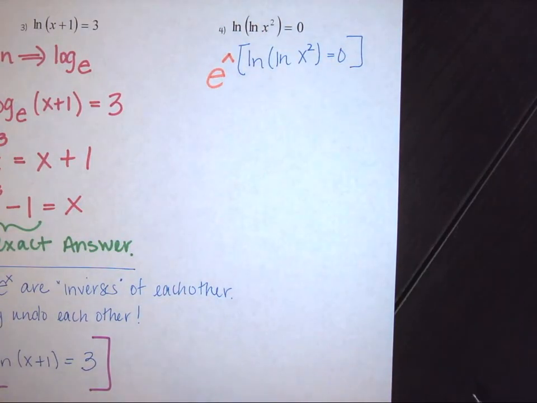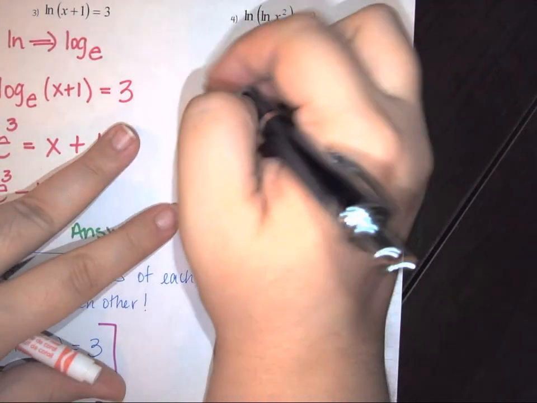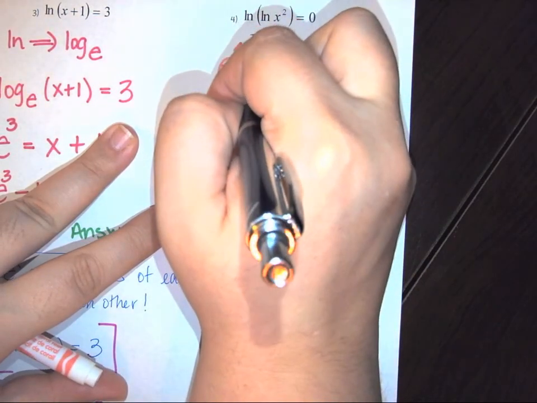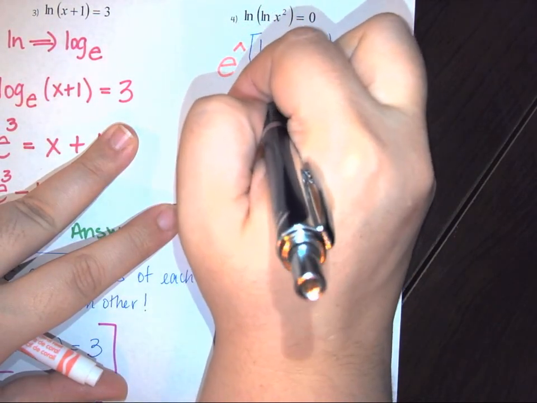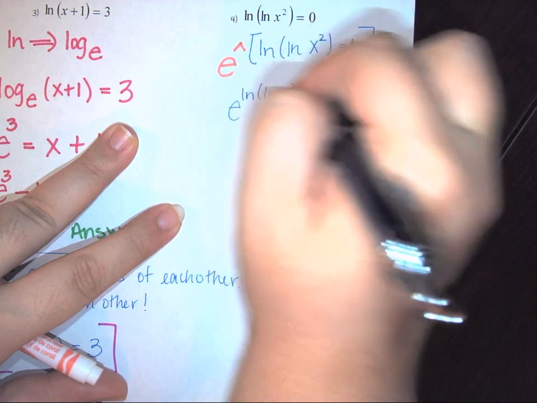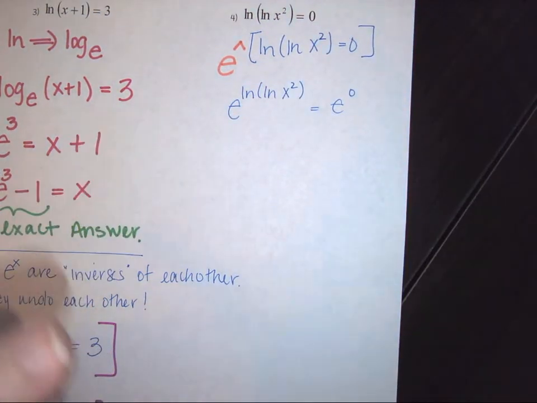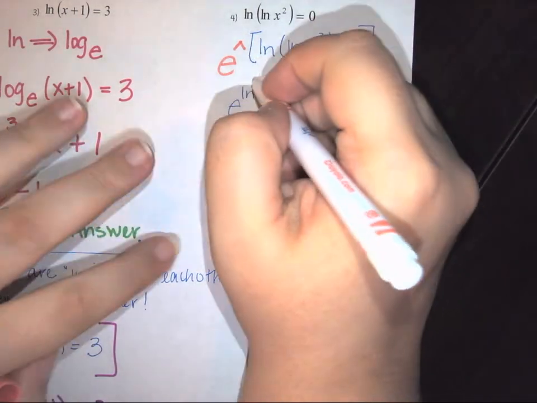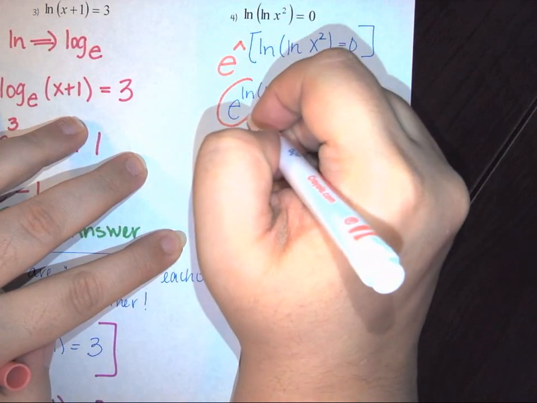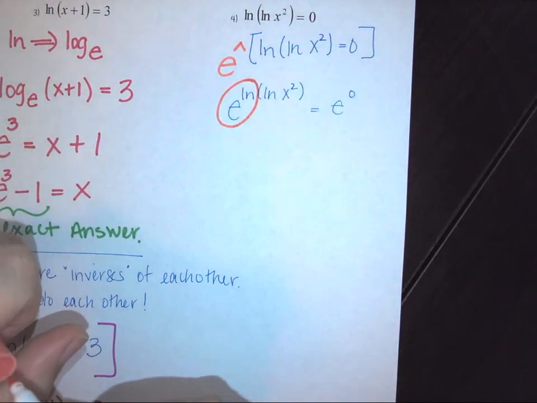And that's going to rewrite it as e to the natural log of my natural log of x squared equals e to the 0. And here we can only look at the first pairing, so this group right here.